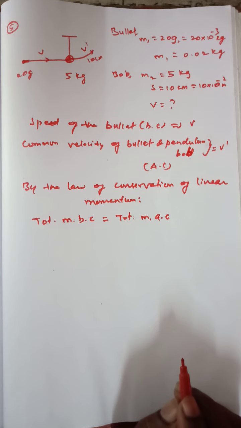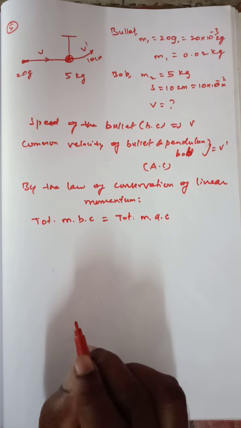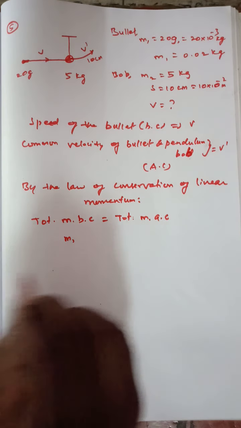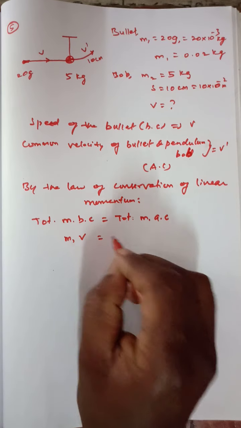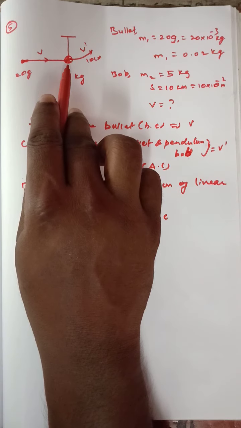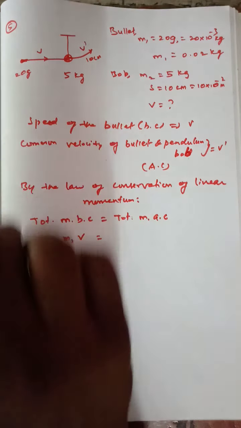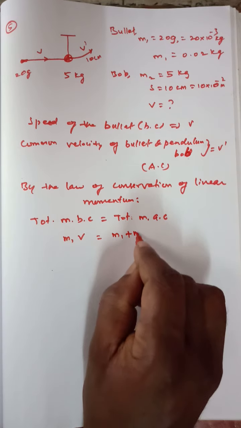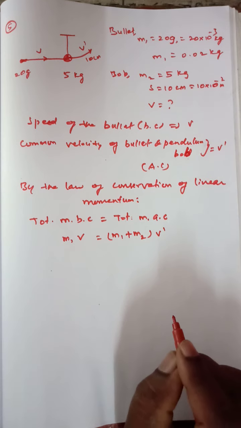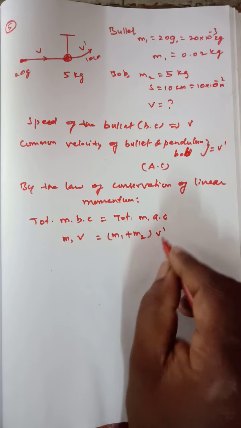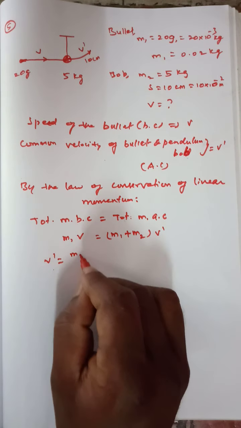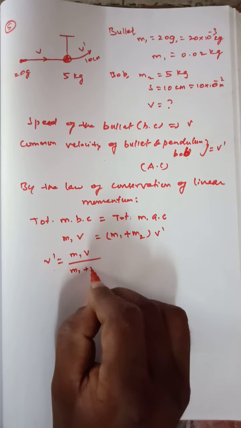The momentum before collision is mass into velocity, so we write m1, the mass of the bullet, times its velocity v, equal to the total momentum after collision. The bullet is embedded with the bob, so we write the combined mass m1 plus m2 with velocity v dash. The formula for v dash is m1 v by m1 plus m2.